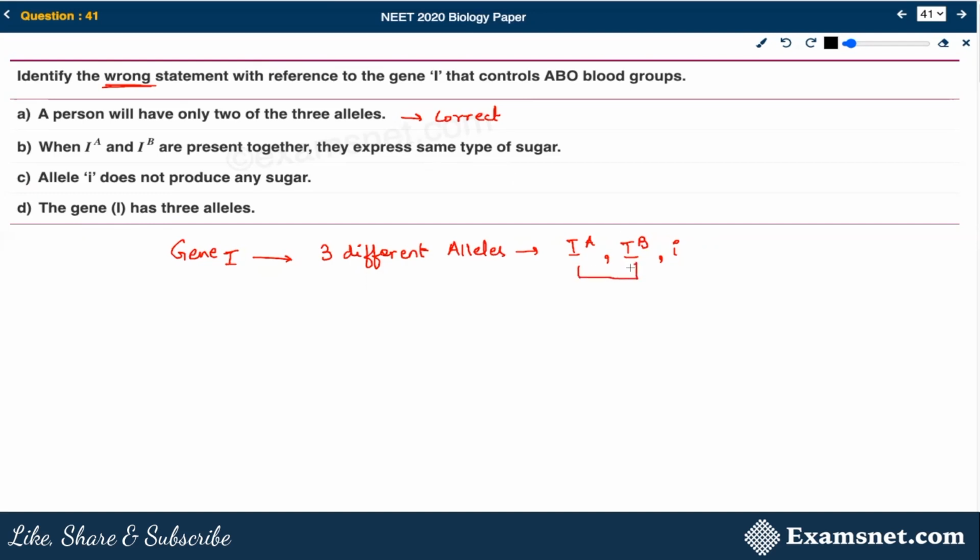These two alleles, IA and IB, are going to produce sugar, but if there is the presence of i, then it doesn't produce any sugar.